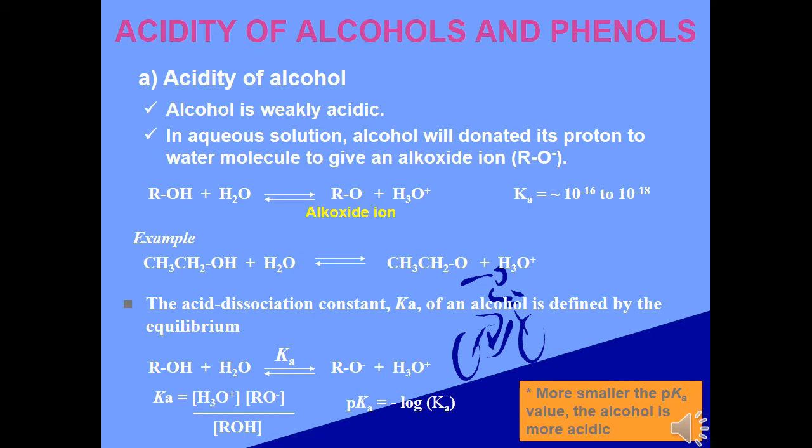The acid dissociation constant Ka of an alcohol is defined by the equilibrium. The smaller the pKa value, the more acidic the alcohol. The Ka is 10 negative 16 to 10 negative 18.